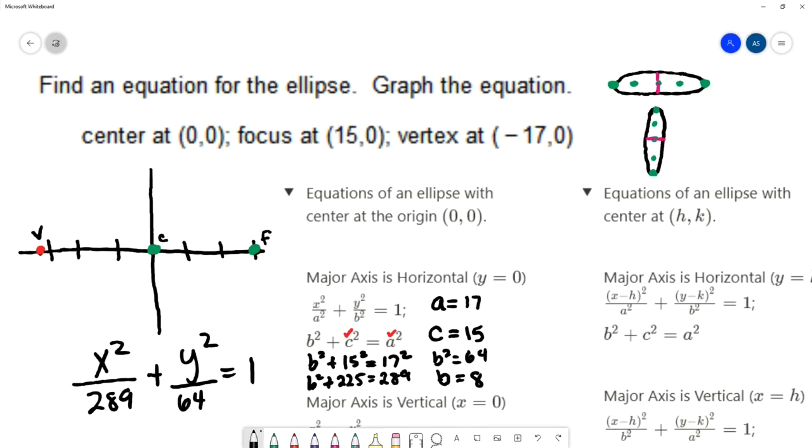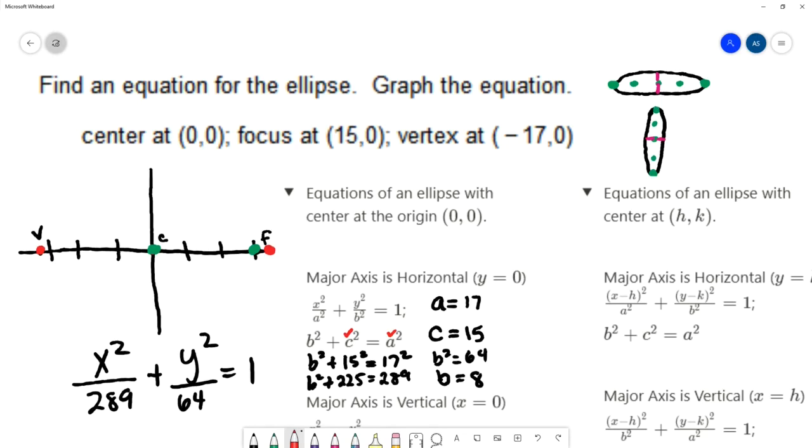And I've already got most of the graph here. I really just want to make sure that I add in what is symmetric. So because we have a vertex at -17, 0, we're also going to have a vertex at 17, 0 because of the symmetry of ellipses.